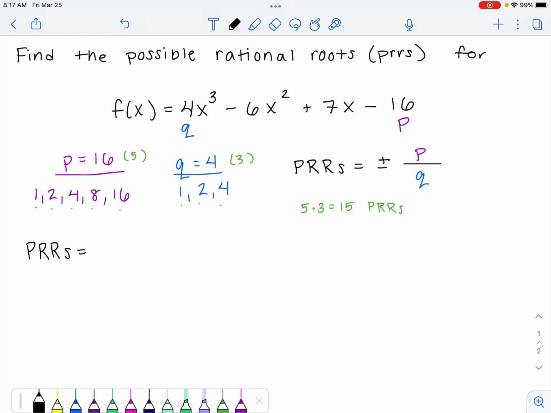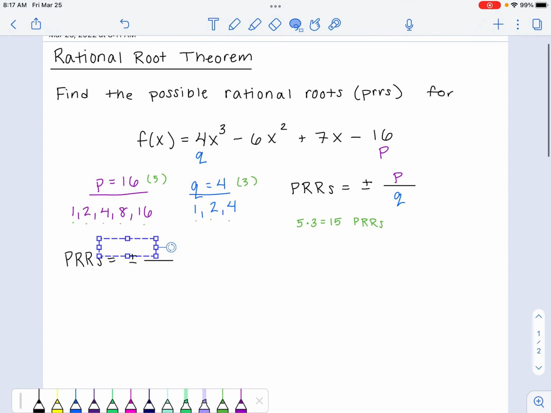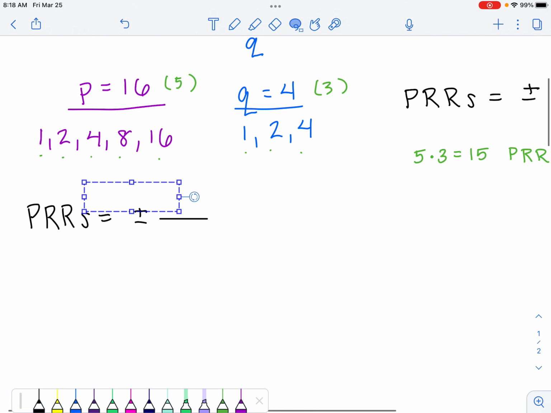So I'm going to go ahead and make myself 15 little fraction setups. Whoops, my iPad is being weird today. Let's try this again.